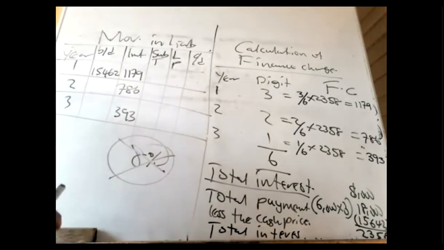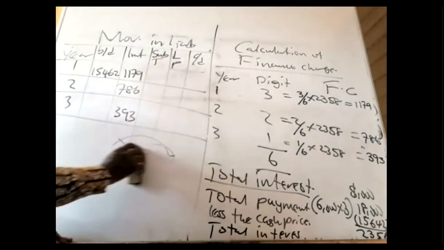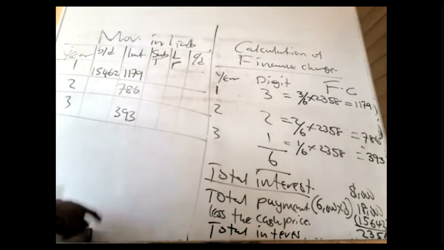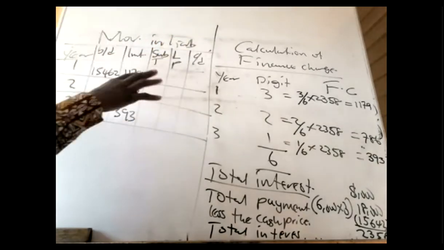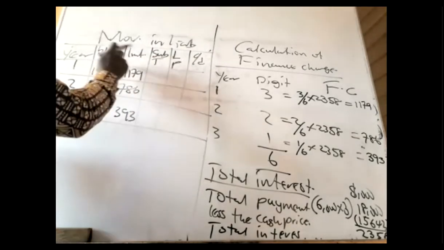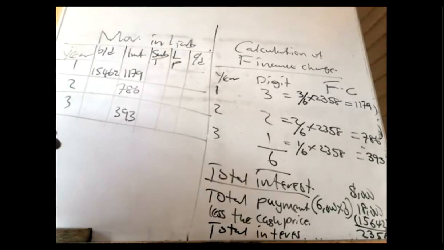Perfect. So if they don't specify which method to use, use the normal one that you know, that is the actual method, using the percentage to calculate the interest. Let them ask you before you use the sum of the year digits. Thank you. So add it to this.